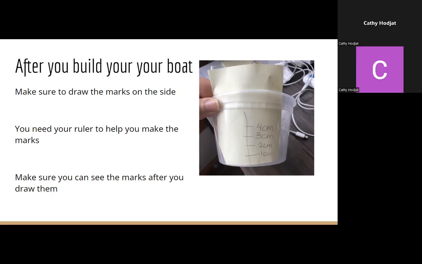It might be hard to do once your boat is already built, to try to draw your line on it. You draw the mark, yes, so you see here, this is an example. I was thinking about drawing on the actual boat itself. Yeah, on the actual boat.